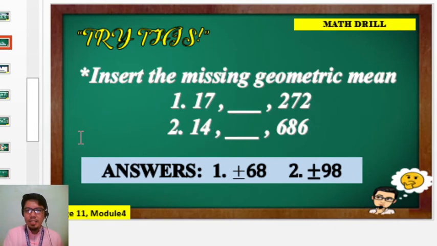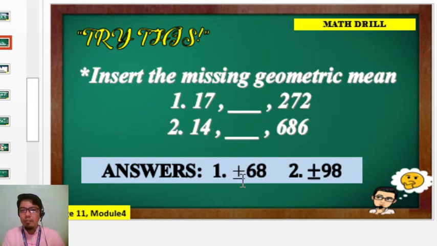Now, let's try this. Insert the missing geometric mean: item 1, 17, blank, 272; item 2, 14, blank, 686. Now, the answers are, in item number 1, there are two possible geometric means.